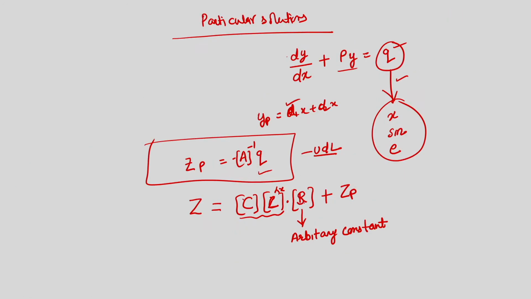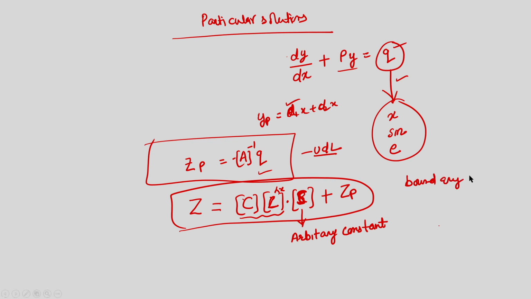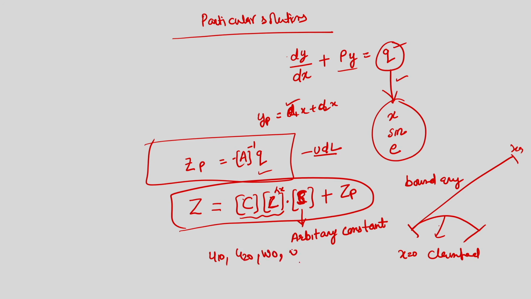So these constants S can be found out by implementing the boundary conditions. If I say that at x is equal to 0 and x is equal to a, x is equal to 0, let us say, is clamped. For that case, our variables u1, u2, w, psi 1 and psi 2 will be 0. So we can make a solution matrix.